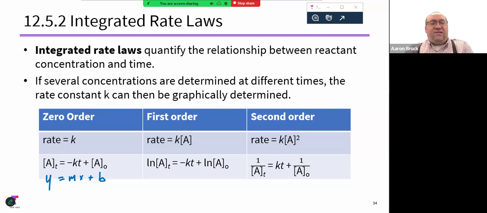And when we do that, the resulting graph is going to give us a line where the slope of that line is equal to the opposite of the rate constant k. And the intercept of that line, where time is equal to 0, is going to be the starting concentration, A naught, so to speak, where time is equal to 0.